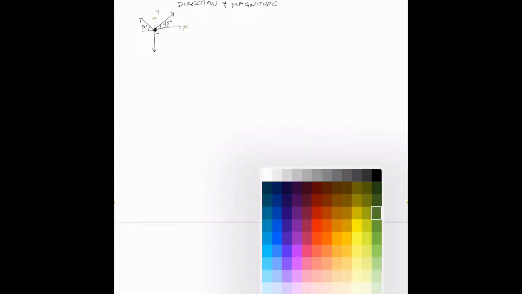Just draw some in there for you. Put some directions. We'll say this is 45 degrees. And we'll say this is 30 degrees. So now they all have direction. This is going to be a right angle right there. And we'll draw some axes in there for you. Y and X, awesome.